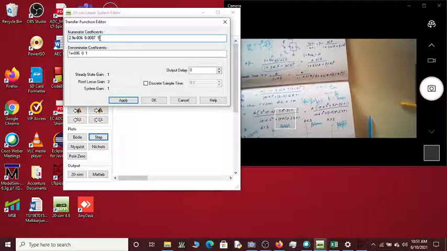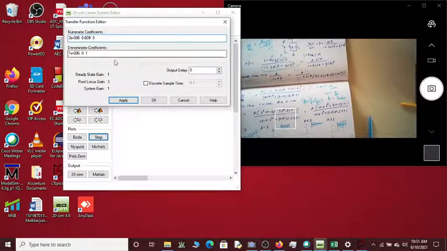Sorry, this would have been 3 in the earlier case. Let me make it 3 and do it. Sorry for that. When you multiply this 3 with all this, it is 3e power minus 6, this is 9e power minus 3, and this is 3.